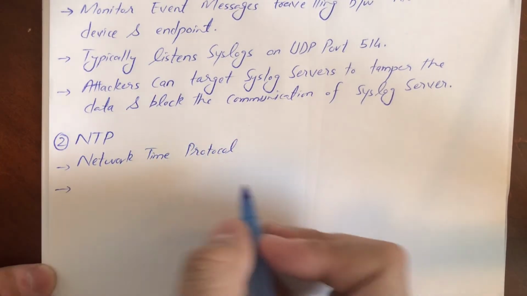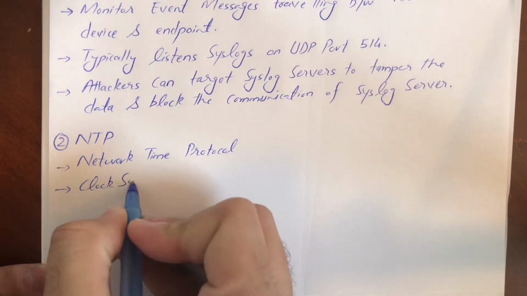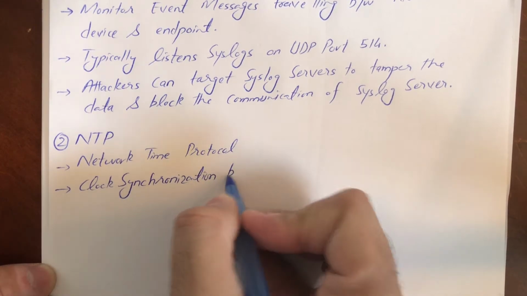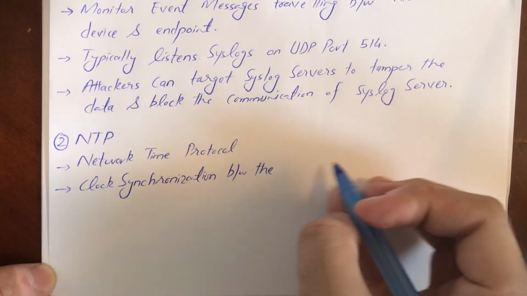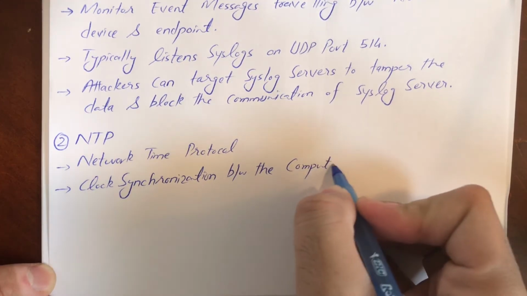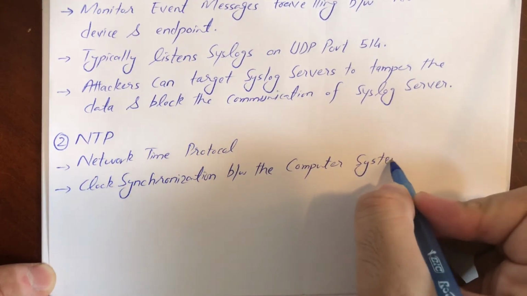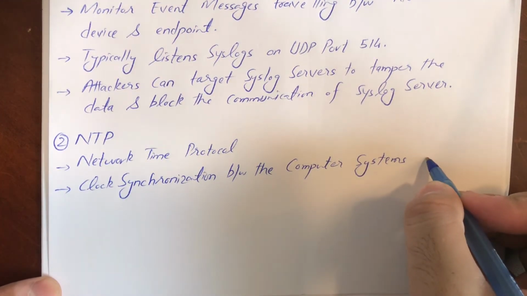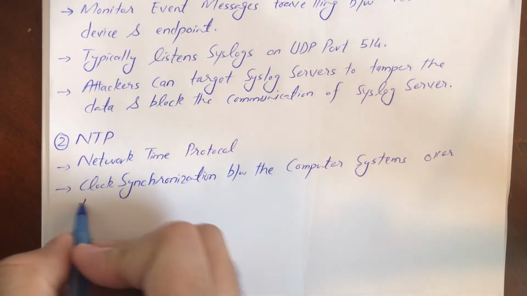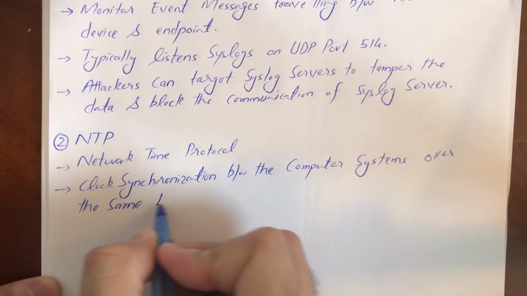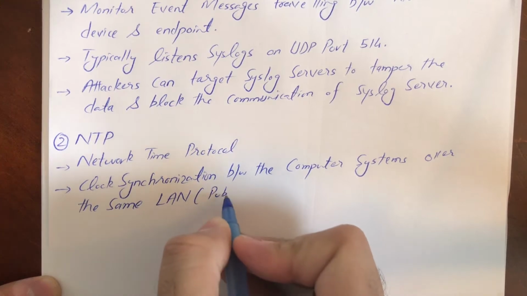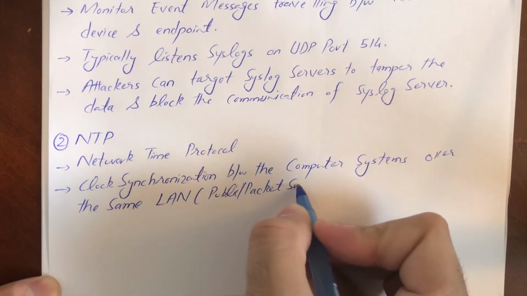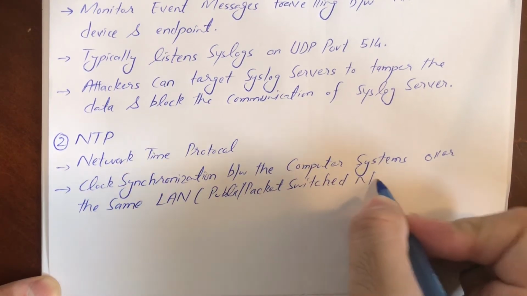And NTP, what exactly it does, it performs clock synchronization between the computer systems, like it involves endpoint and network devices connected over the same local area network, or you can say public or packet switched network.